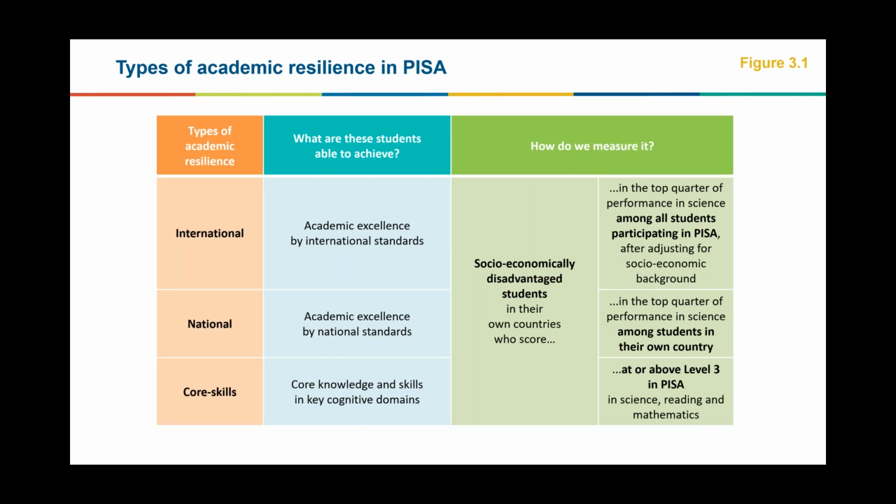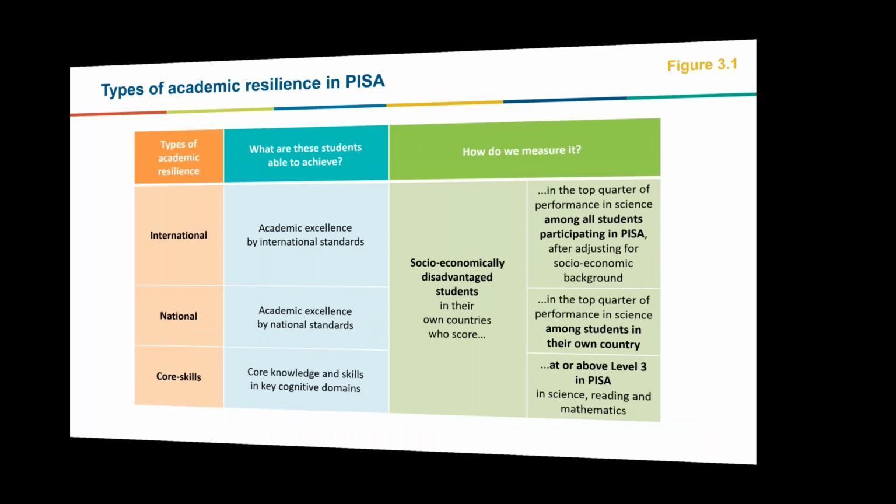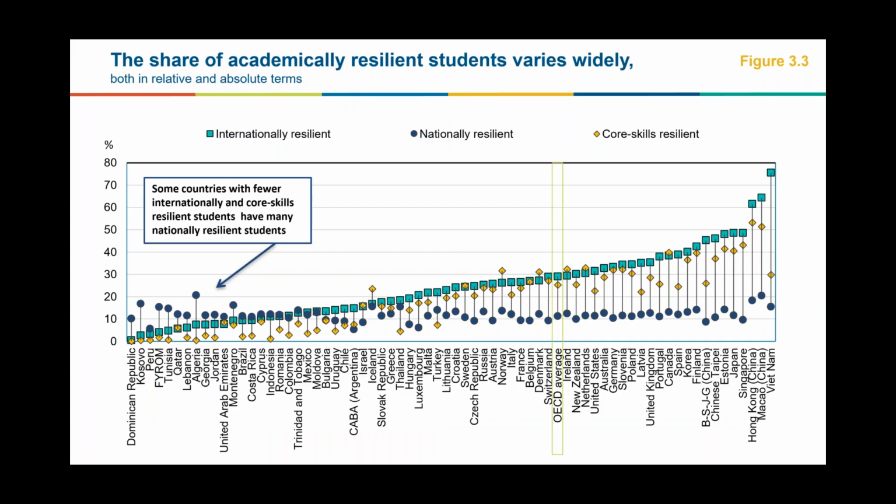So let's have a look at some of the results here. And you can see all 3 measures coming out here. The green dot shows you international resilience. Now that's basically to what extent the share of disadvantaged students who achieve at least good levels on the PISA assessment. And the most amazing country is basically Vietnam here.